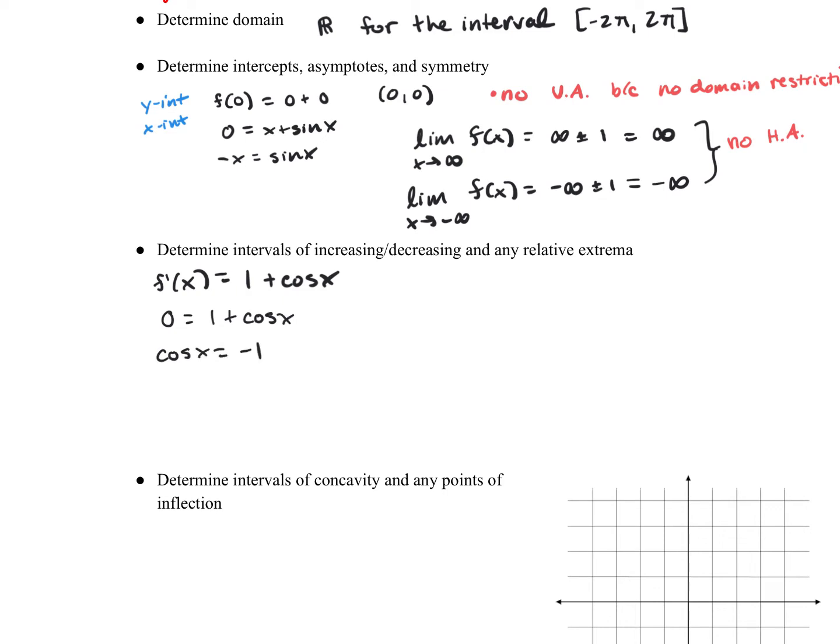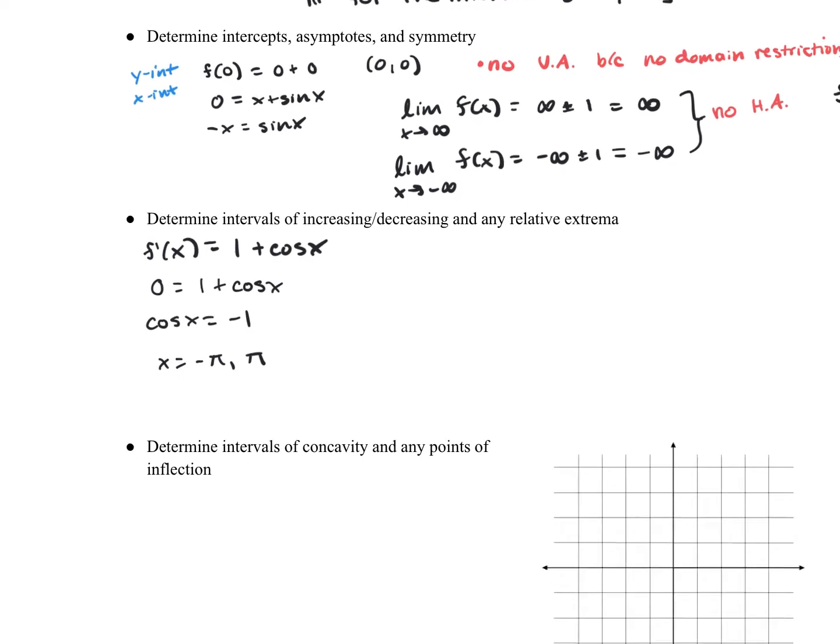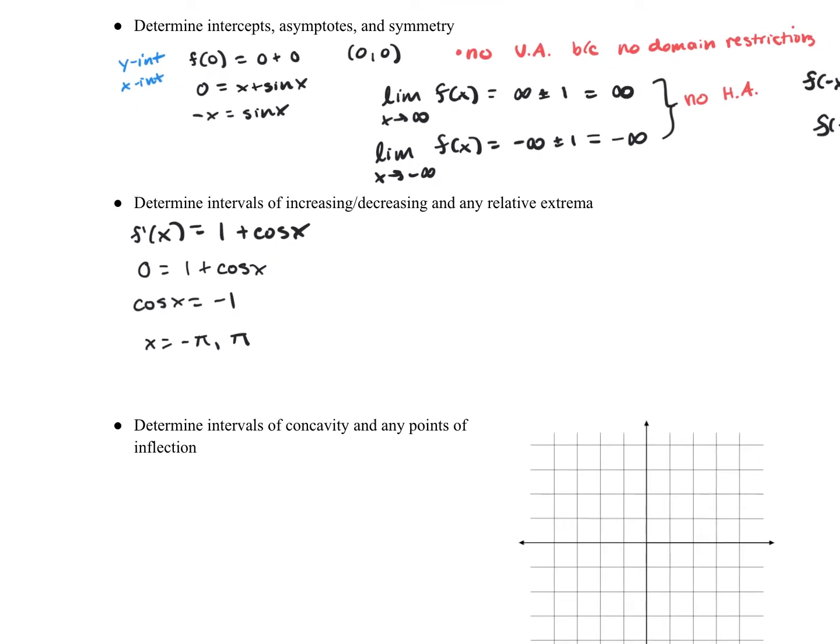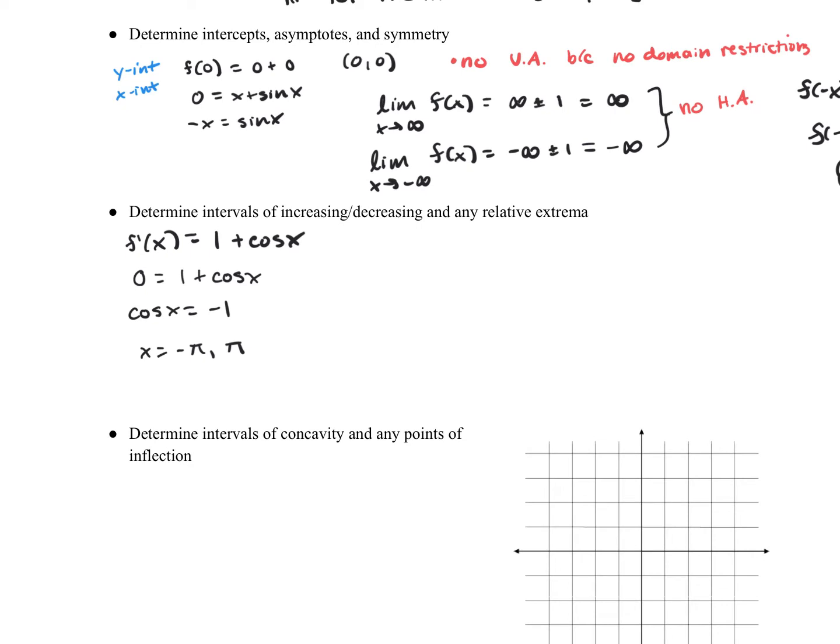And for this interval, from negative 2 pi to positive 2 pi, we know that cosine is equal to negative 1 when x is negative pi and positive pi. So we can use these critical numbers to help us do a little sign analysis for our first derivative. So I'm going to have my endpoints here, these are our endpoints.